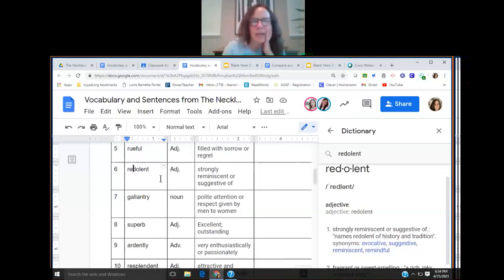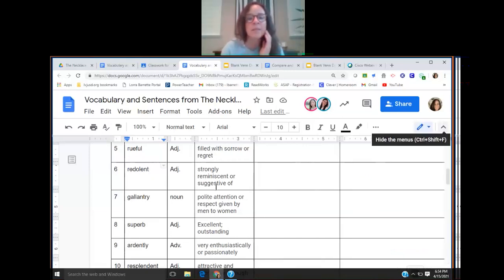Redolent. Okay. So this is a word I actually did not know. Strongly reminiscent of or suggestive of. So here's the sentence.